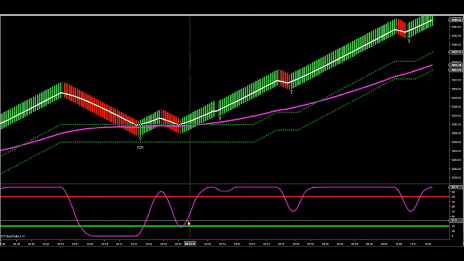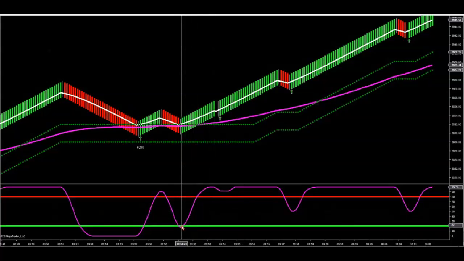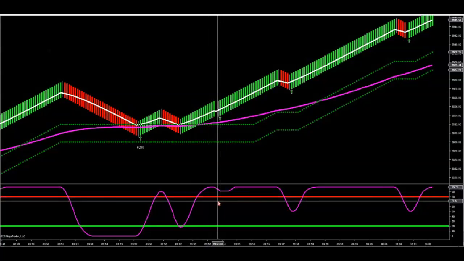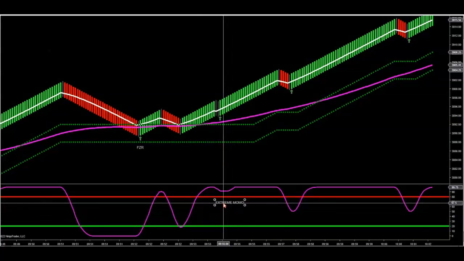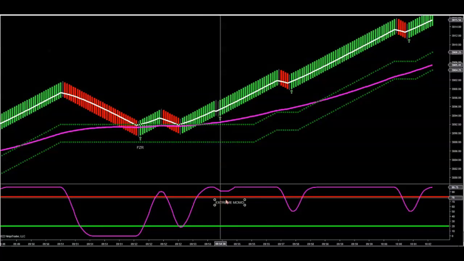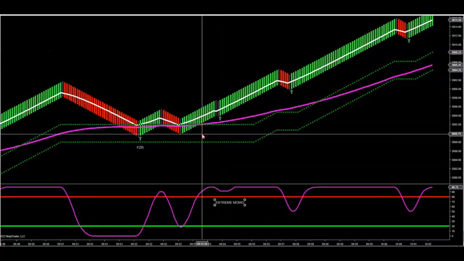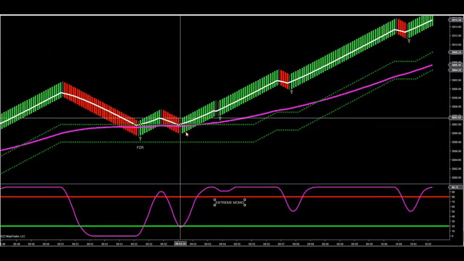An extreme Momo is where I'm allowed to just pull back to the 20 and get an arrow, but better yet, if I stay above 80, I call this an extreme Momo. This is the best you can get right there. An extreme Momo because I'm staying above 80. And I'm getting an arrow on the small time frame, which is a momentum trade. And I'm crossed up.